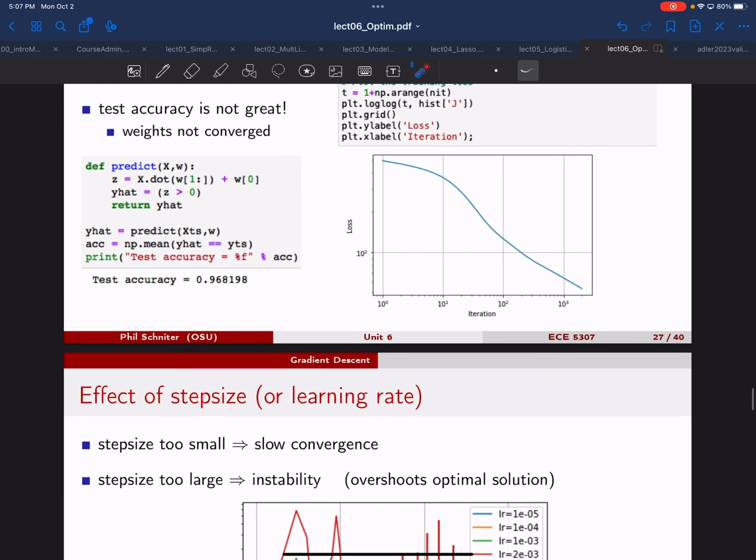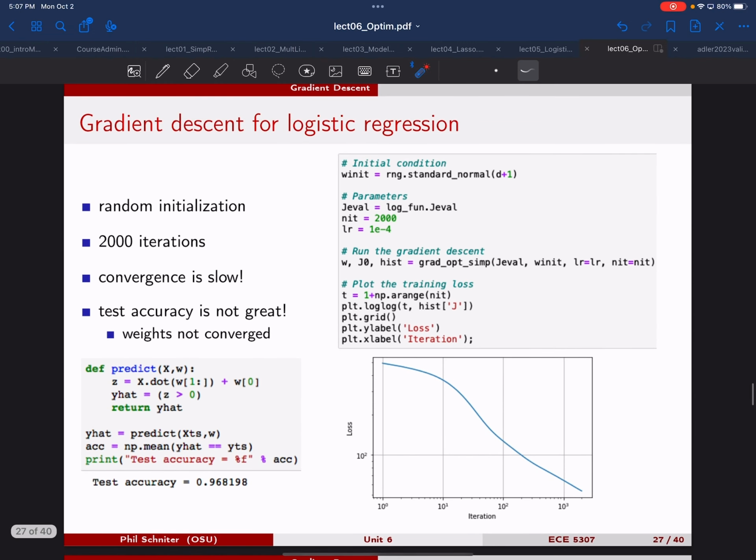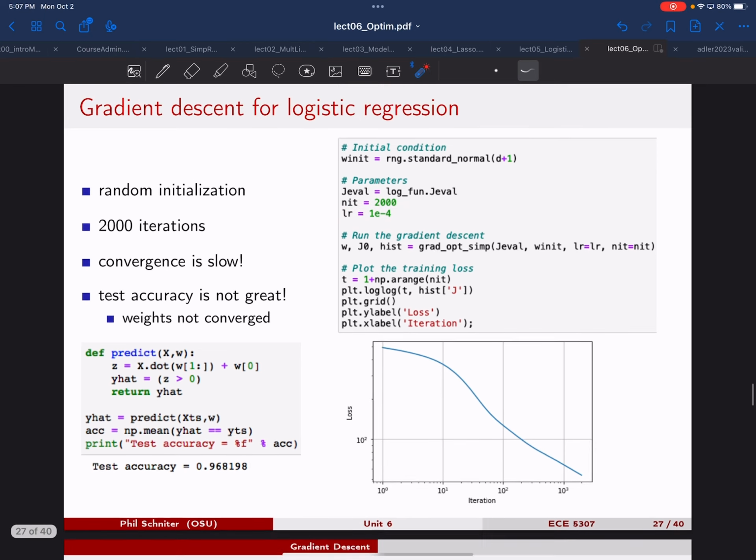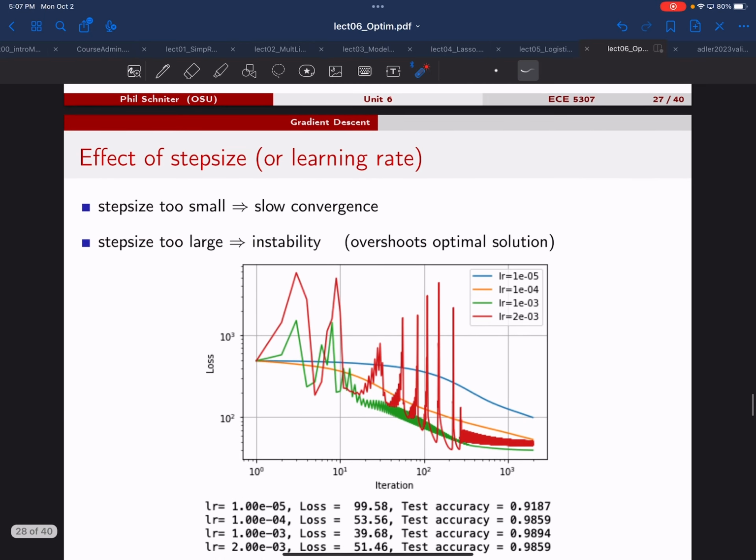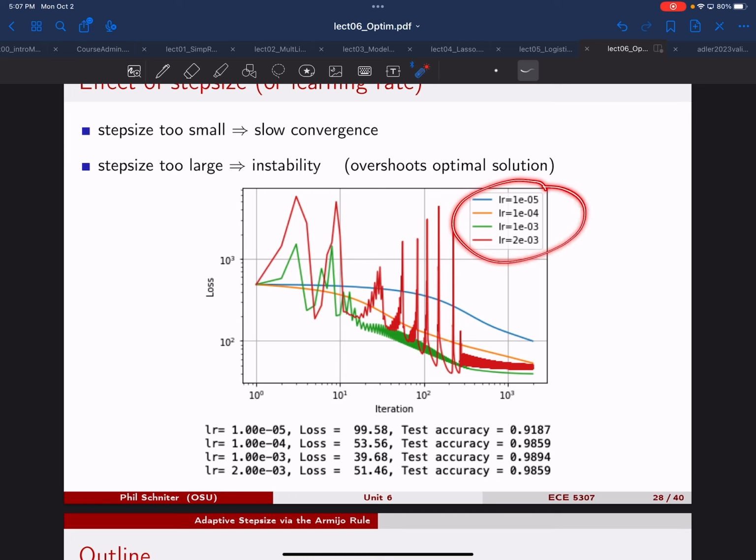And so what you might then do is you might say, okay, what about this learning rate? Was that a good value? So let's try different learning rates. And we'll plot the loss versus iterations for different learning rates. And I think the orange one is from the previous page.